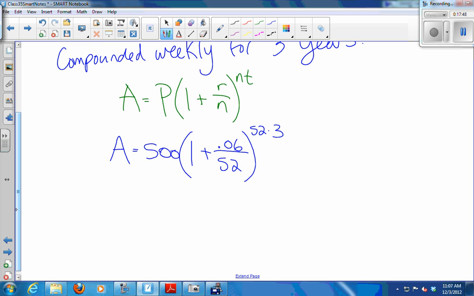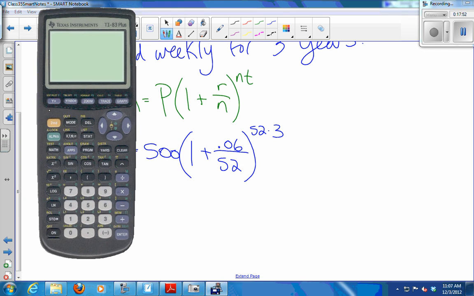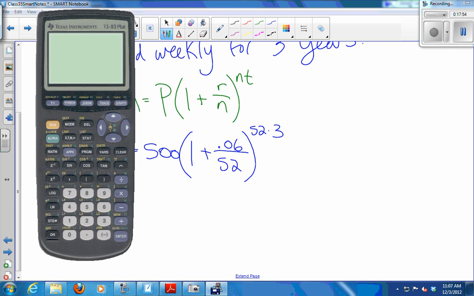Then you just have to be careful with the order of operations when you're putting this in your calculator. So do what's in parentheses first. So I'm going to do 0.06 divided by 52. So within the parentheses, I'm doing the division first, right? Hit enter, and then I add 1 to that. And then the next thing I would do is the exponent, right?